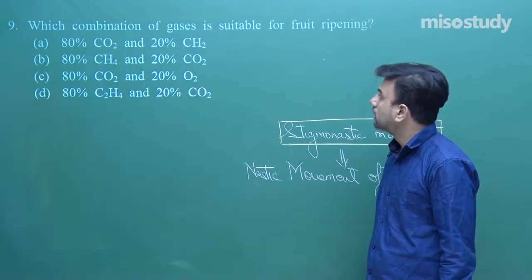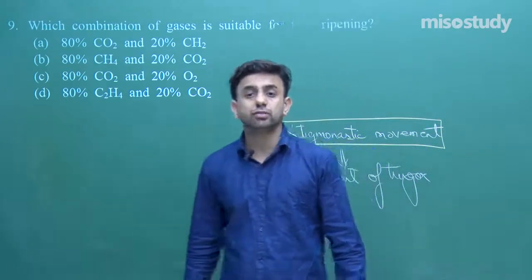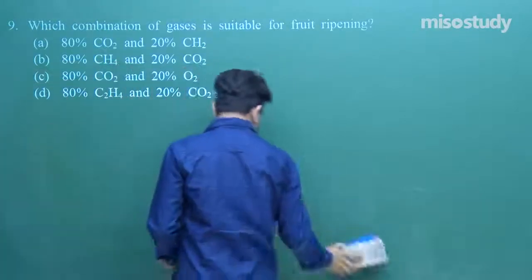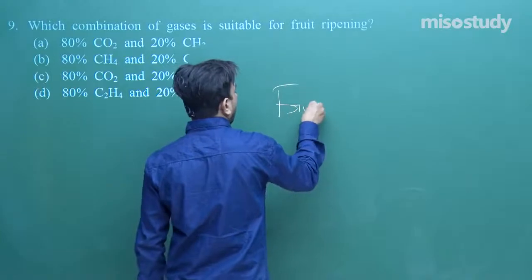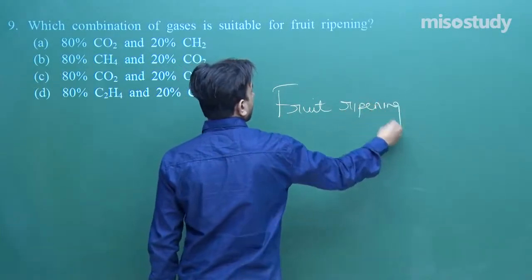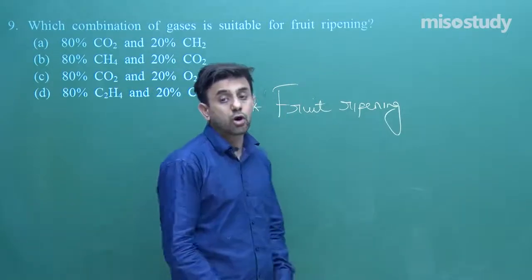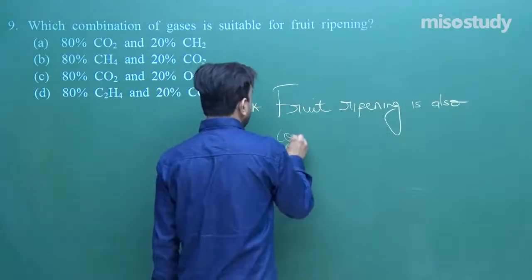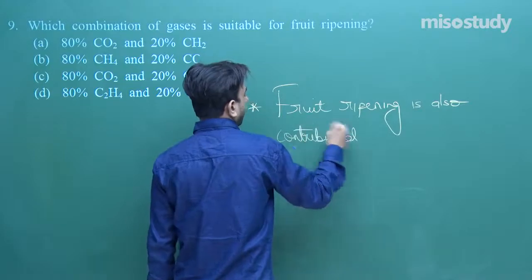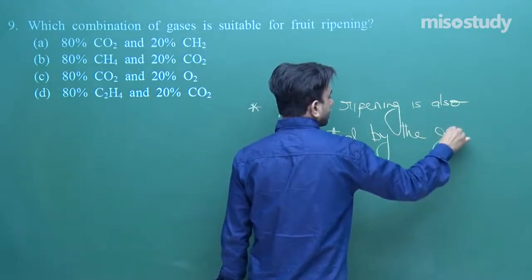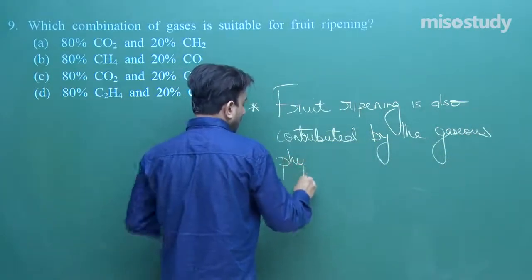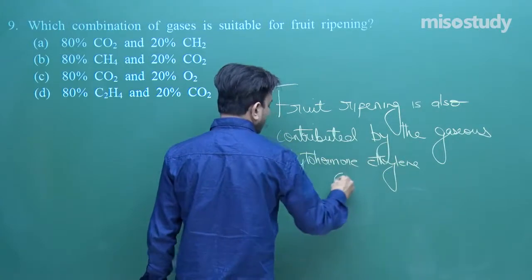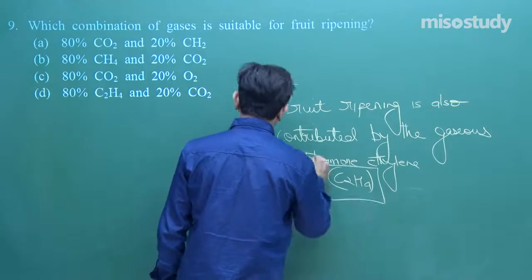Which combination of gases is suitable for fruit ripening? Whenever we talk about fruit ripening, we will see that it is always due to the gaseous phytohormone ethylene, C2H4.